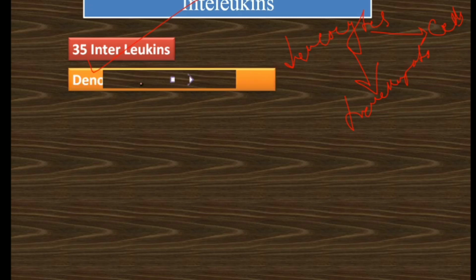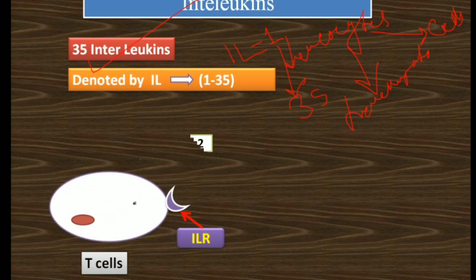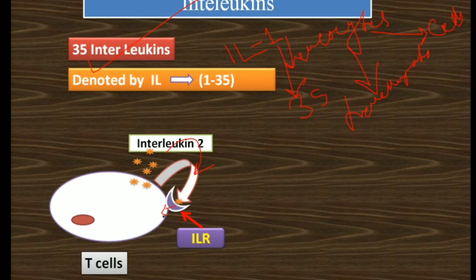There are a total of about 35 interleukins present, and they are denoted by the letters IL followed by a number which indicates the sequence in which they were discovered. We know that T cells secrete interleukin 2, right? And this interleukin 2 is responsible for triggering some signals for the growth and activation of T cells.